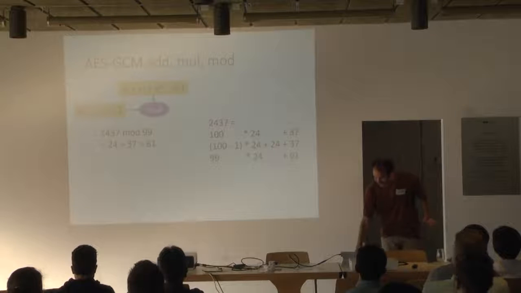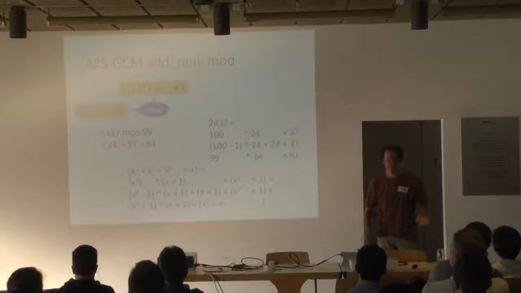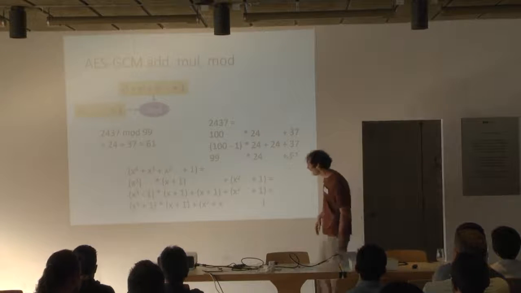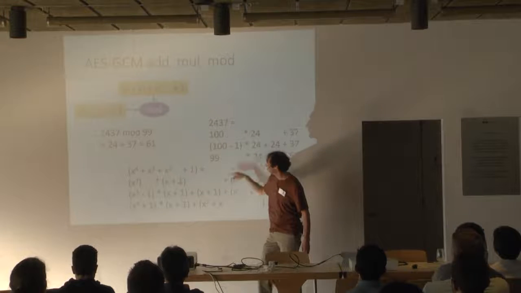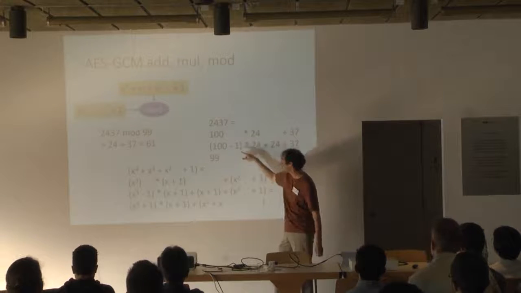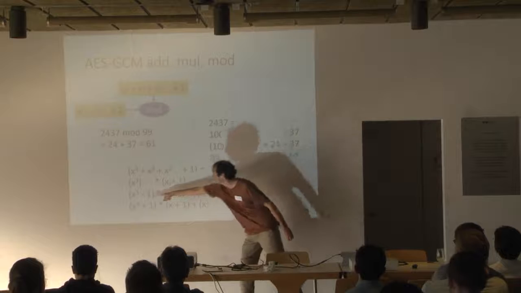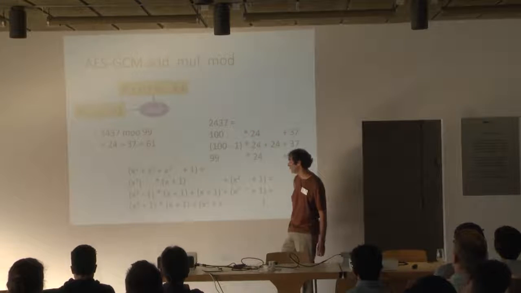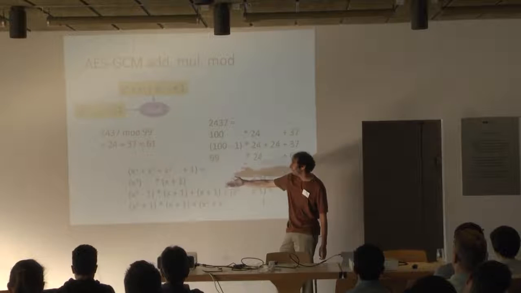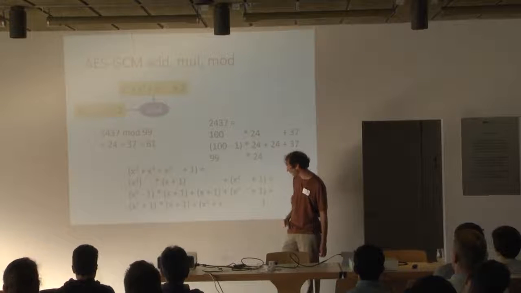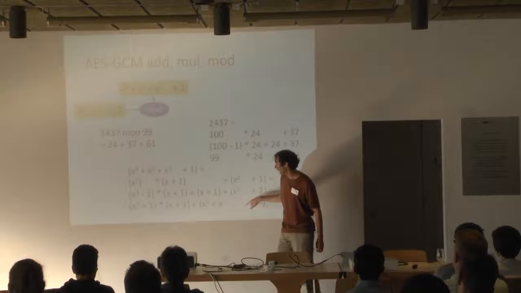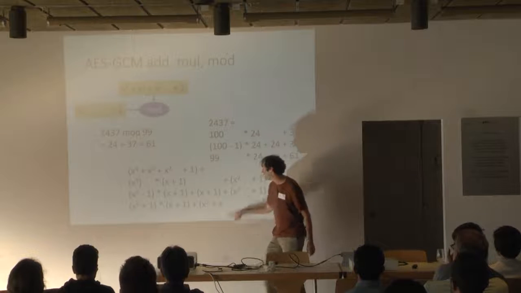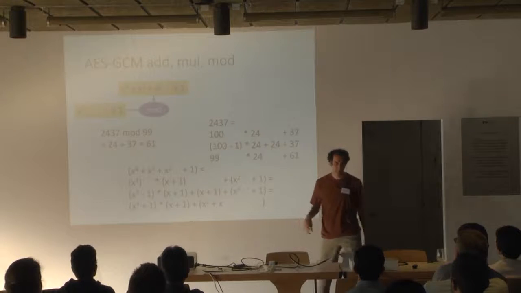This trick also works for polynomials. You don't have to read all the math here, but it's exactly the same thing. We're starting with, instead of 100, x to the third, and instead of subtracting 1, well, actually we are subtracting 1 here. And we're compensating by adding this extra x plus 1 here. Mod 2, minus 1 is the same as plus 1. What we end up with is this thing times something we don't care about, plus some remainder, which is our mod.